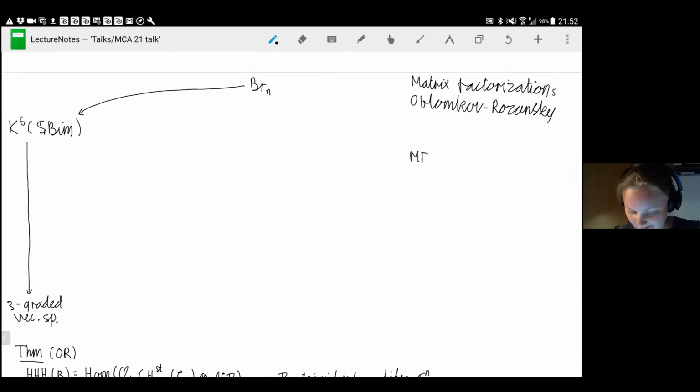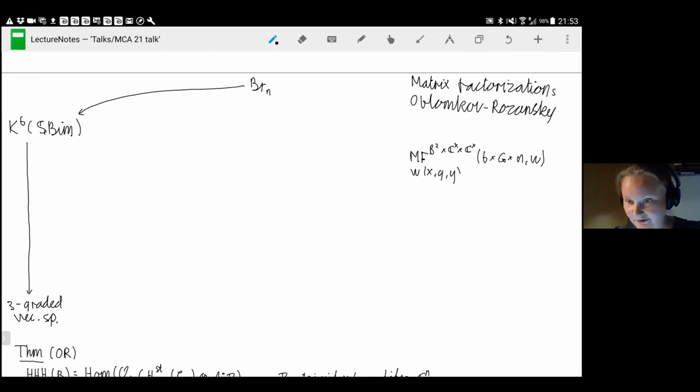I will, in a moment, tell you what a matrix factorization is. For now, I'll just write the space. And then this thing comes with the data of a potential.